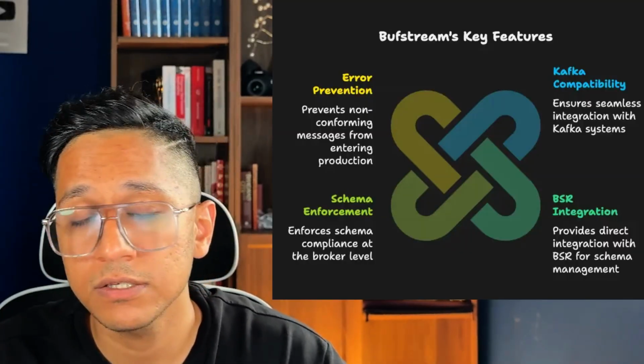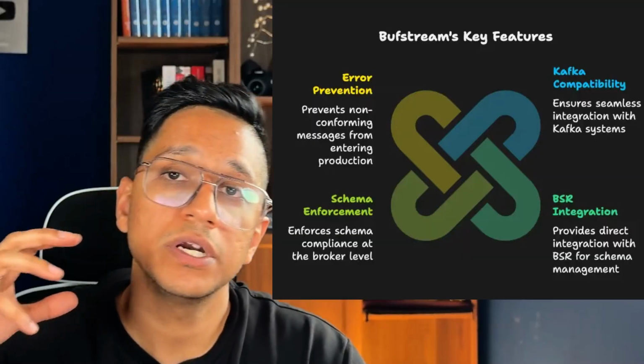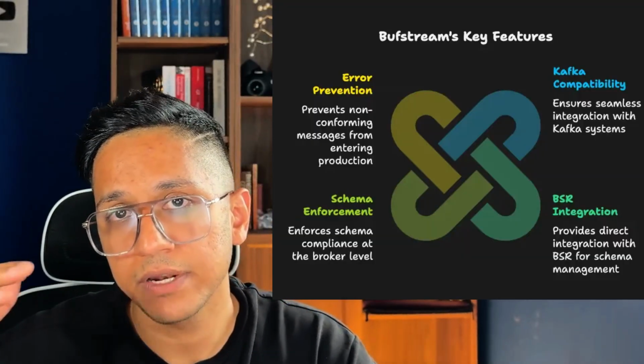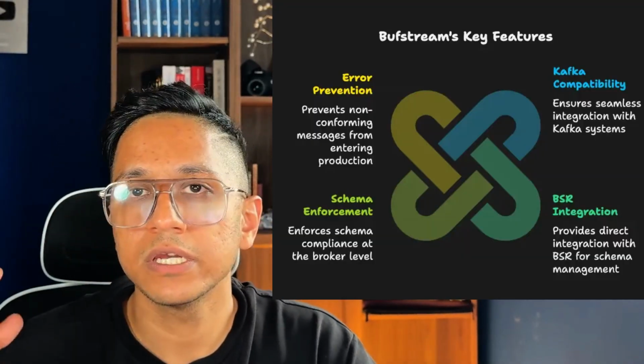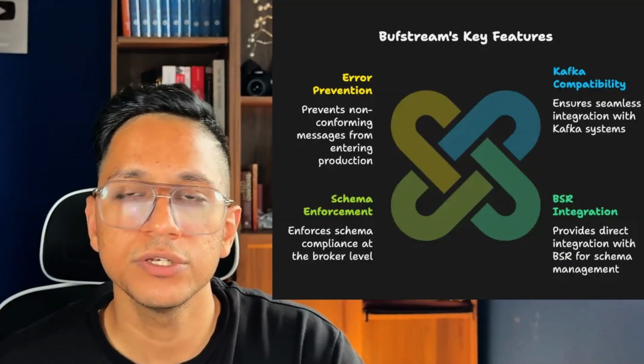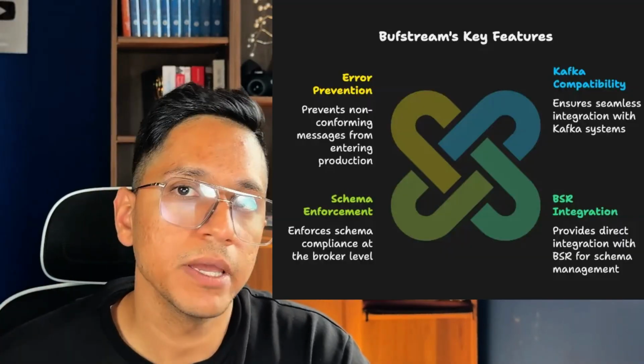This means messages that don't conform to a defined Protobuf schema can be rejected before they can hit the production system, which means it helps you avoid any breaking changes and avoid customer impact. Together, Buf CLI, BSR, and Buf Stream create a powerful workflow that brings reliability and developer joy into schema-driven development.